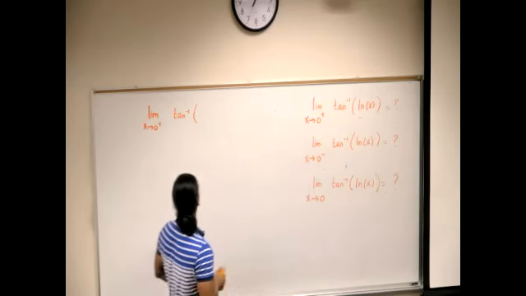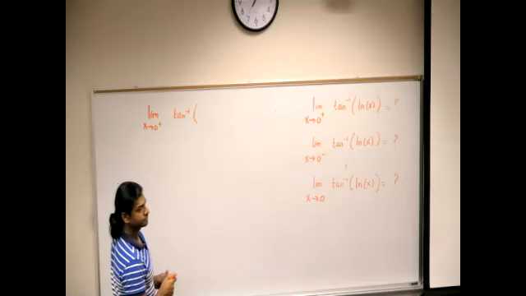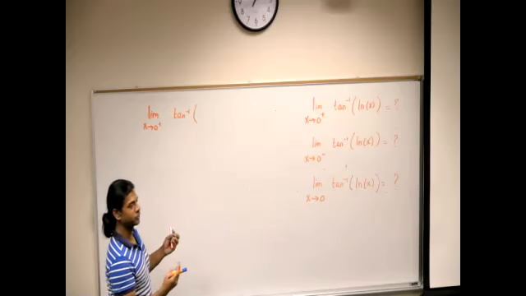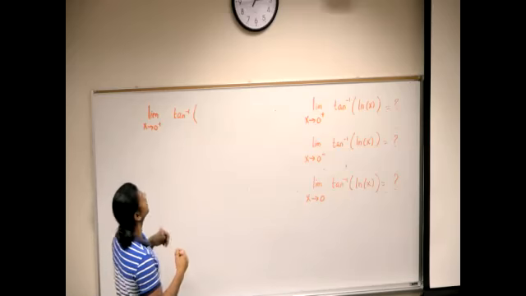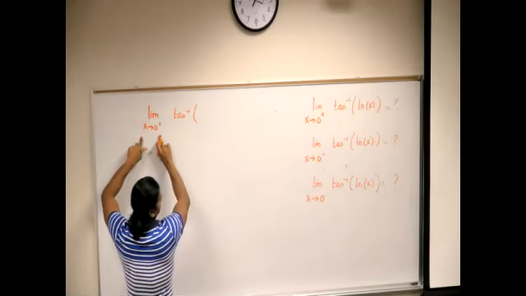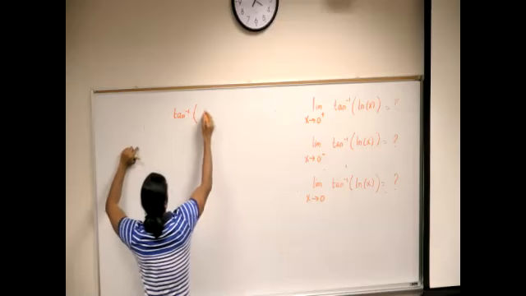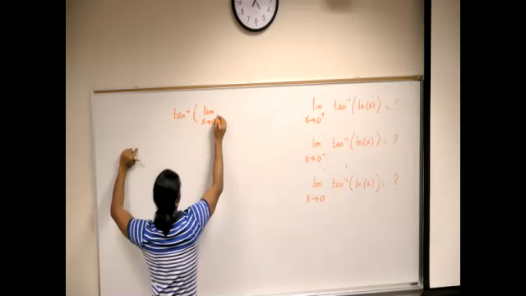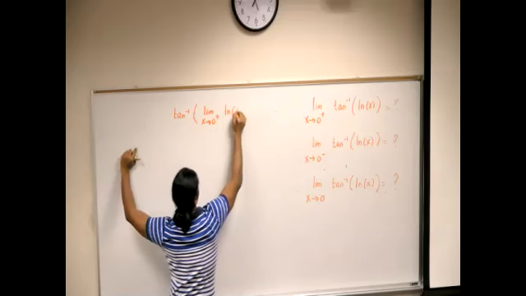So it would be pi/2, either negative or positive pi/2. Okay, I see. So we can move this inside, and we would have limit as x approaches 0 plus of natural logarithm of x.